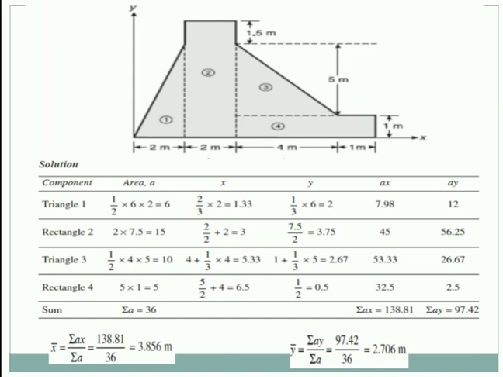Now for the first triangle, as we have discussed already, let's summarize. For triangle 1, the area is half into base into height. Here, half into 2 is your base and 6 is your height. So we get the area. Then our x1 value is 2/3 of 2 and y1 value is 1/3 of the height, which is 6.